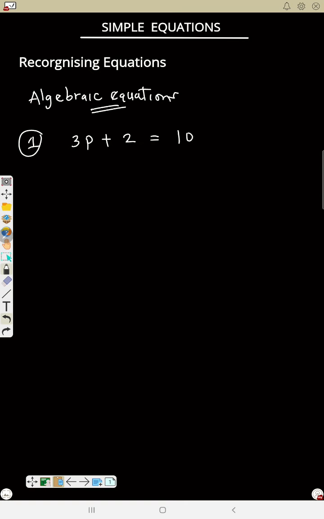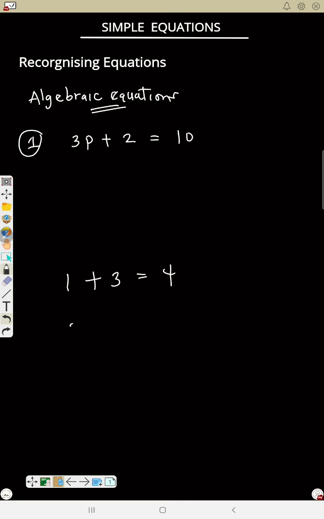Write any number you like and put any alphabet. Now this is equation in p because I'm using p. So all these ones are called algebraic equation because we have alphabet there. Now if it is arithmetic equation, what are you going to do? Arithmetic equation is 1 plus 3 is equals to 4.